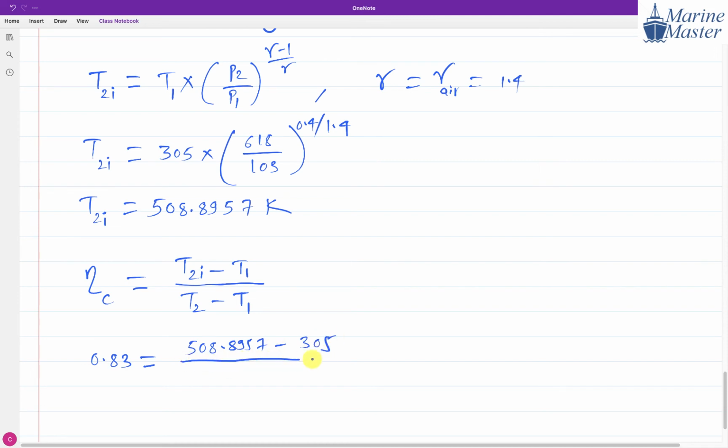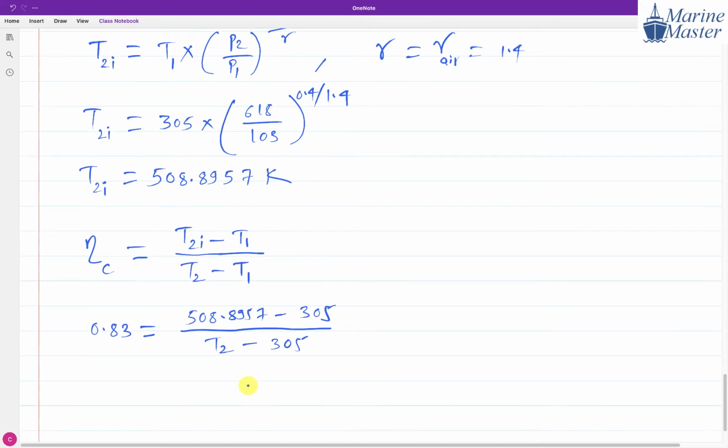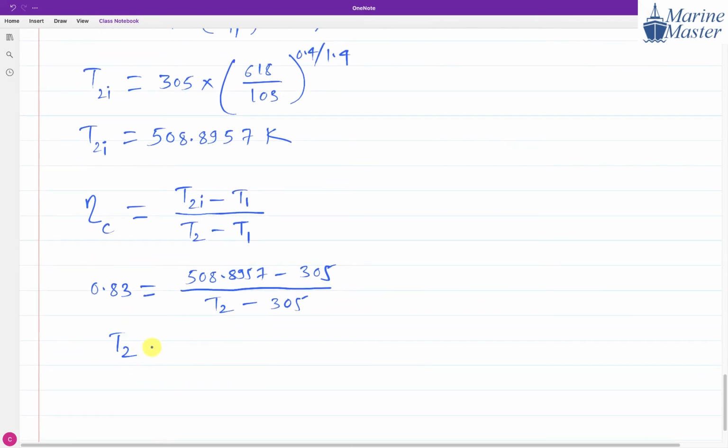And what is unknown here, guys? T2. If you solve this equation, we will get the value of T2. Everyone, please try to solve this relation and get the value of T2.